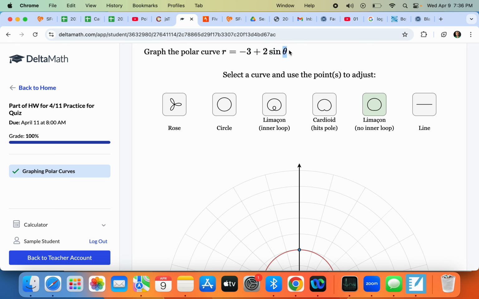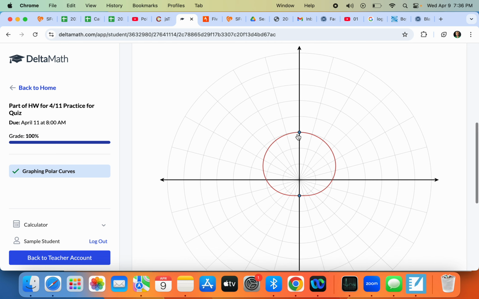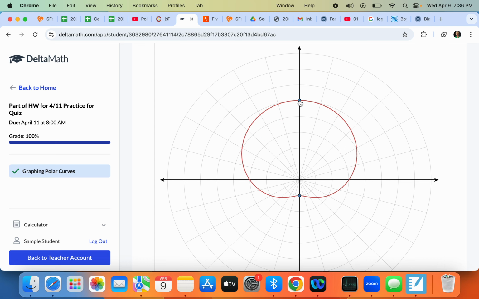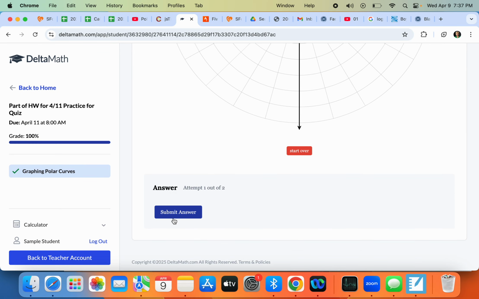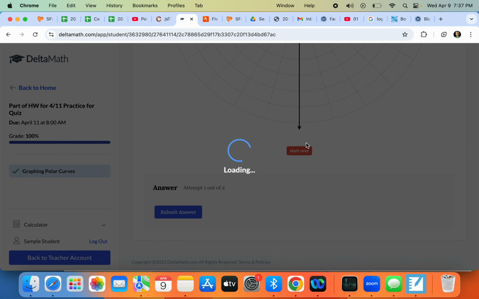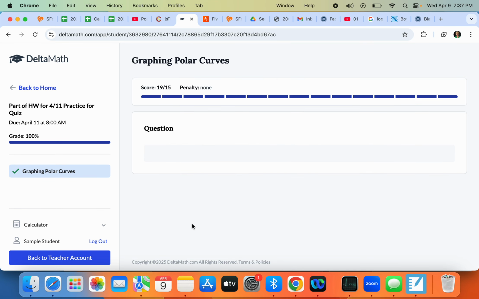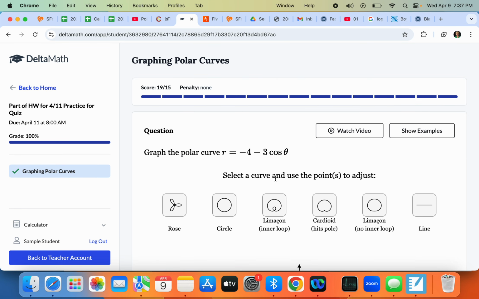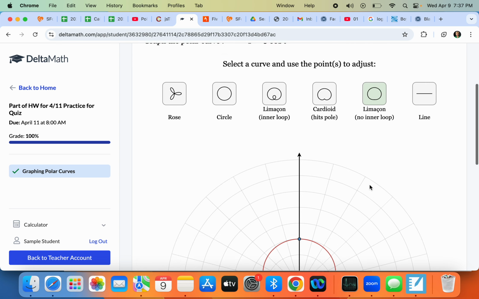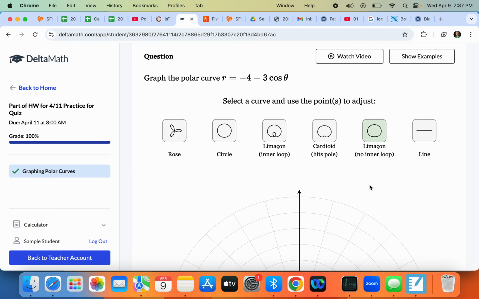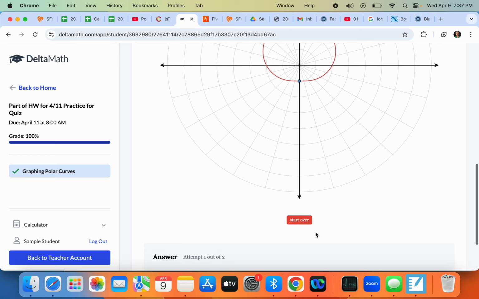You can fill in 3 pi over 2. It'll tell you to go pointing this way and back up 1, 2, 3, 4, 5. All right, that's going to be similar, so I'll do that one really fast. If I fill in 0, I get negative 7.